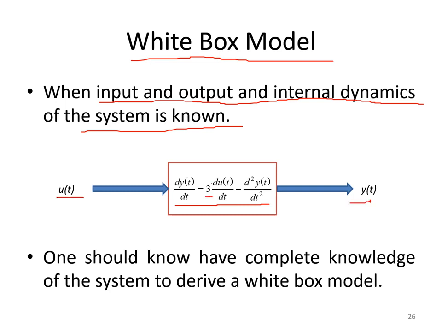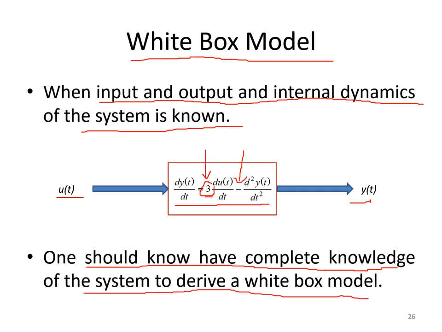And notice also that the coefficient values which were unknown in the gray box model are also given here. So for example, 3 and -1. This white box model is the most elaborate model, but it requires us to have significantly complete knowledge of the system so that we can proceed with white box modeling. Although in many real-life applications, this is not generally the case.